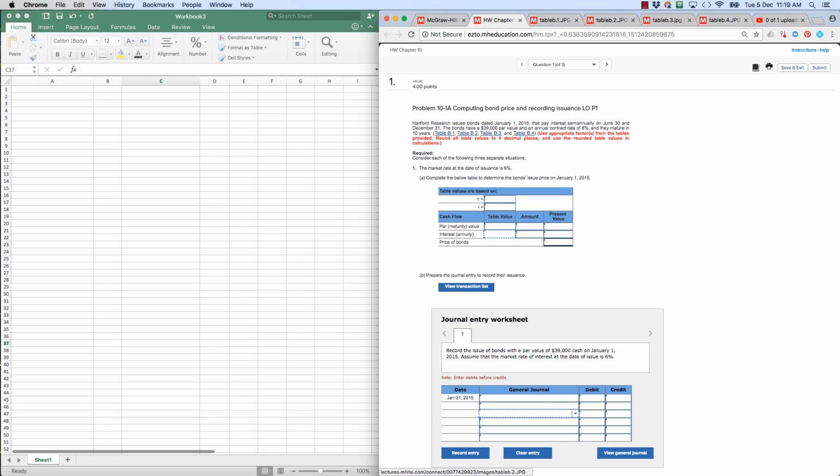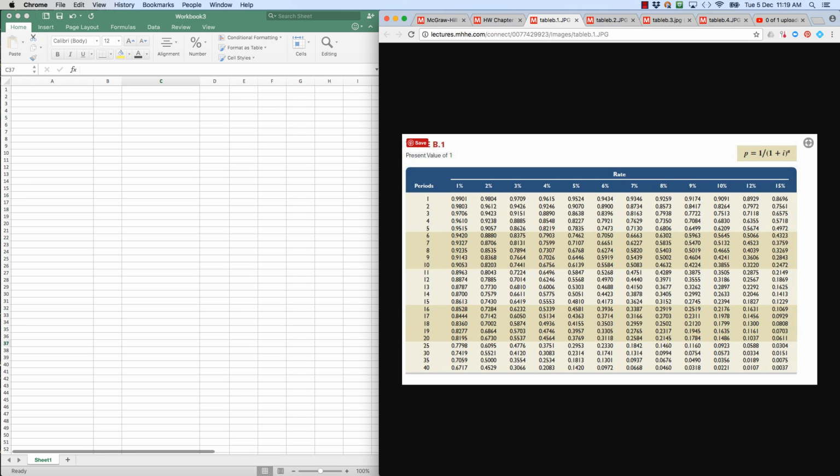They've also given us 4 tables that we need to use to get the appropriate discount factor in order to find the present value. So I have them here, table 1, which gives us the present value of $1 to be received in the future. There's the formula.